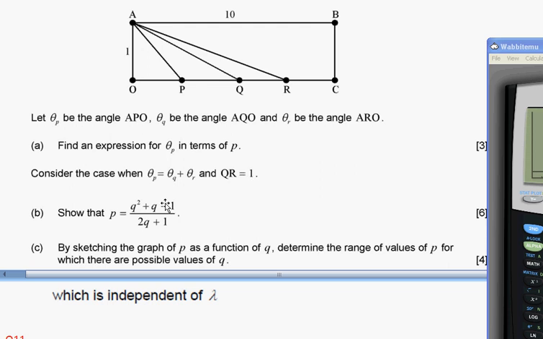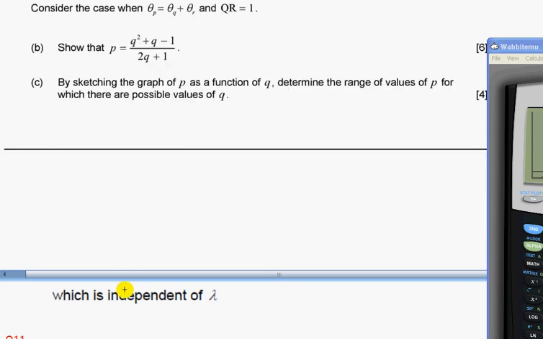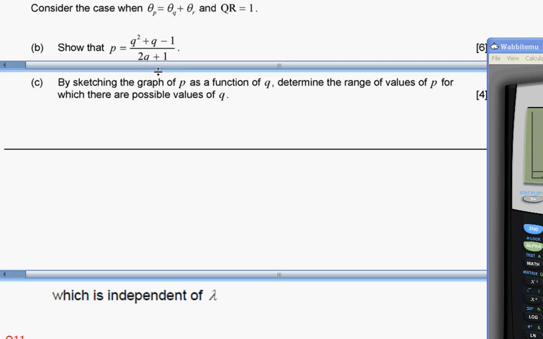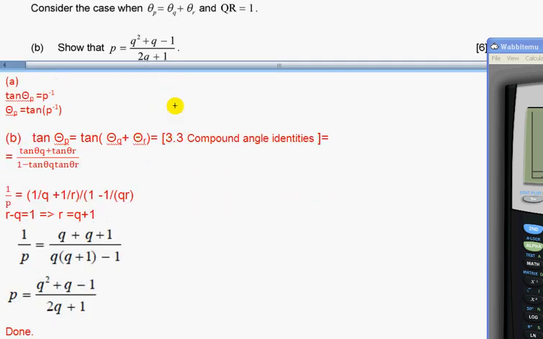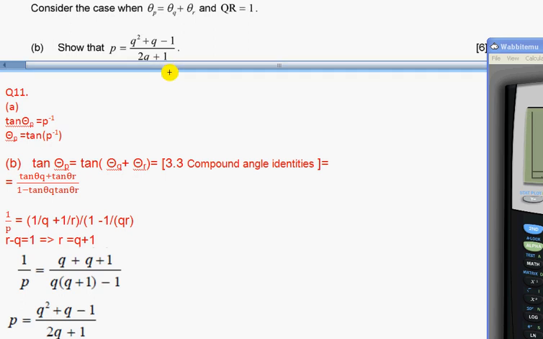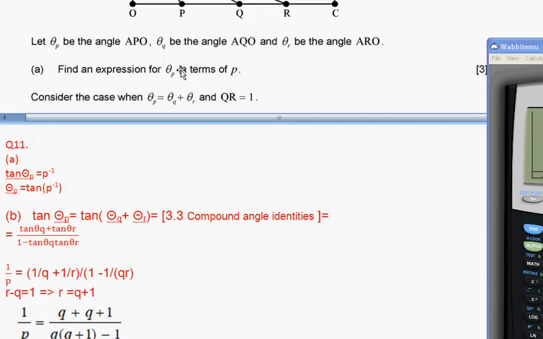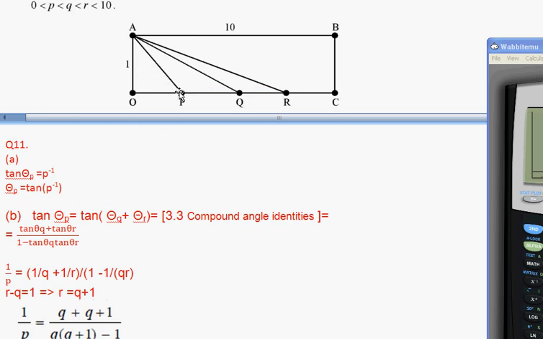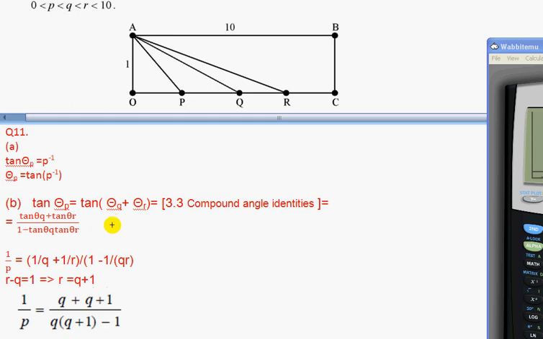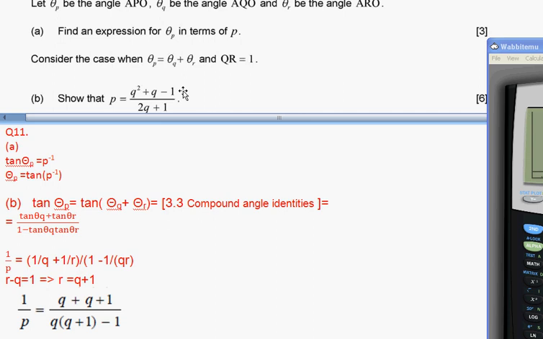Then we use the compound angle identity for theta P. Because we know this relation between angles, theta P equals theta Q plus theta R, we can write it here.